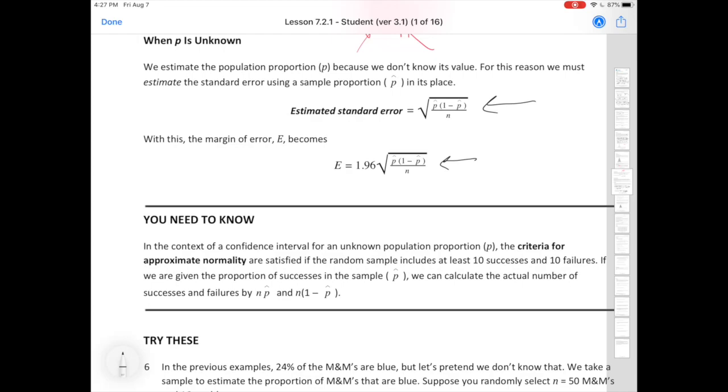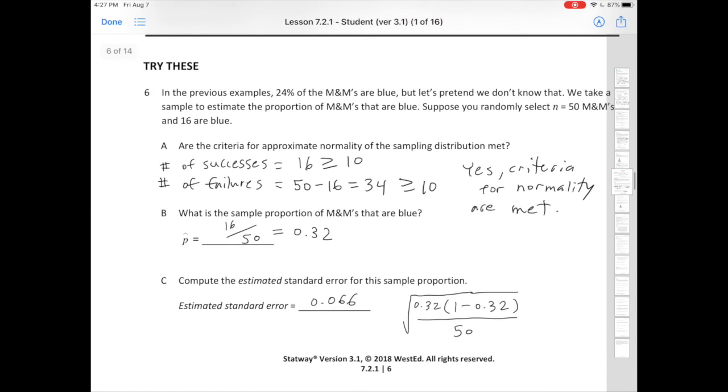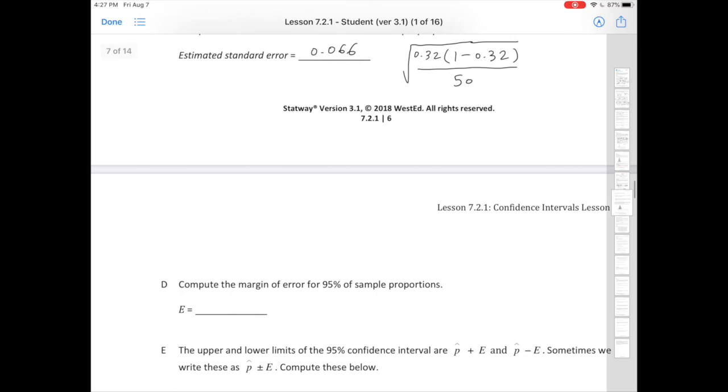Okay. So let's keep going. Again, let me go back to where we were. We're on 6D, right? So what would this answer be? Now there are two ways of doing this, right? You can either take the answer from the last part and multiply it by 1.96, which I'm going to do. I'm just going to go ahead and multiply that because that's the easiest way to do it, right?